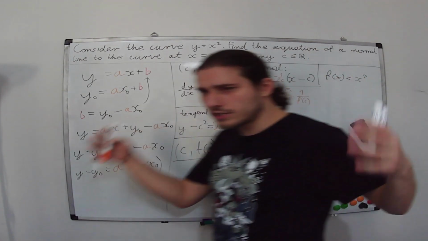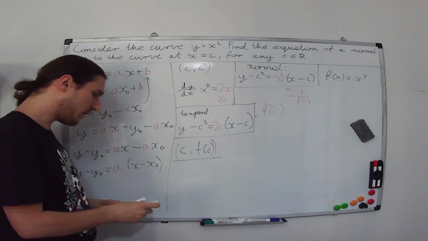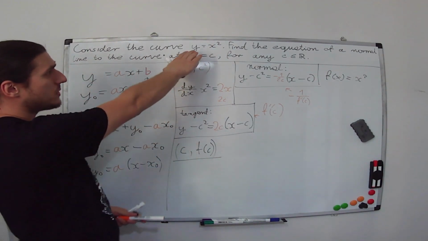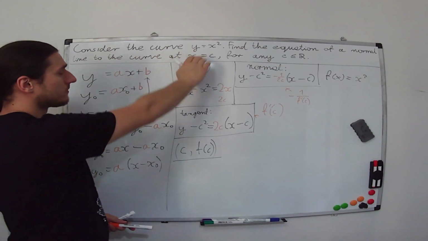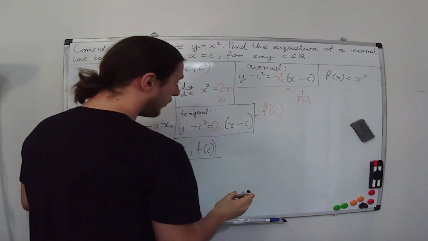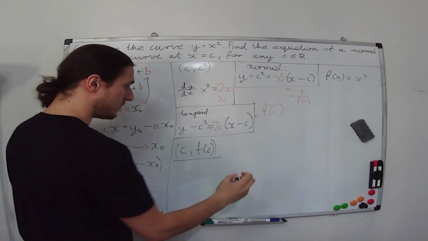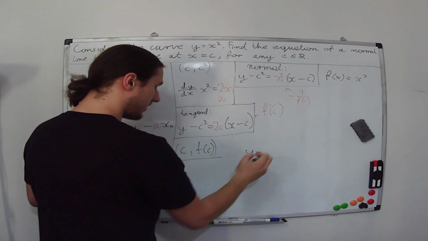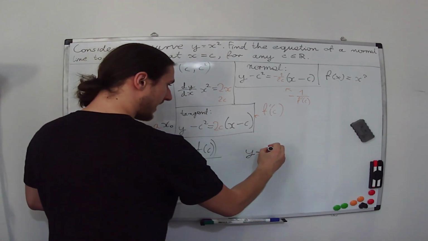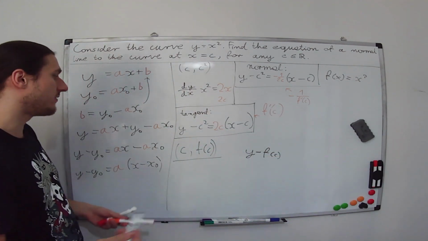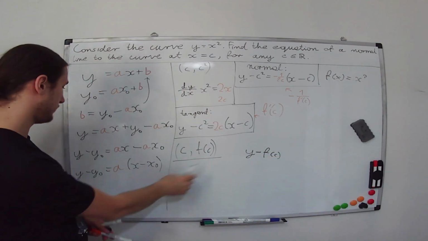So getting it all together now, we can figure out that for any function whatsoever, this could be anything, the tangent line for that function will be equal to y minus f of c. That's our y value, as we figured out.